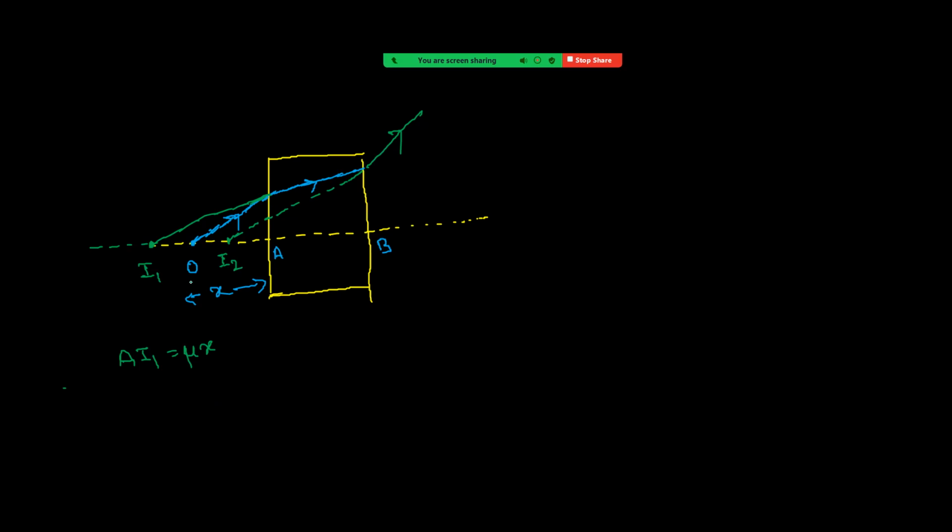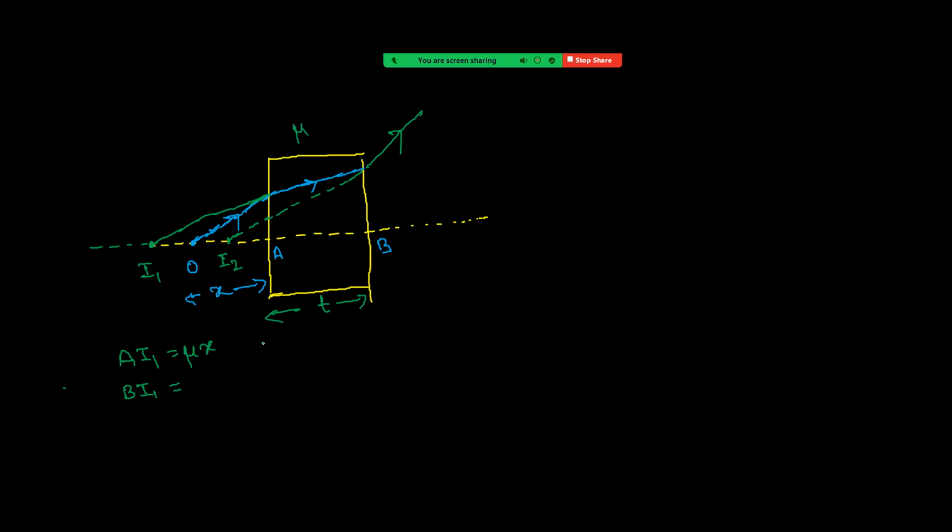So see what I'm doing here. First of all, we got AI1 is mu x. Since we are taking refraction from this surface, we should measure distances from the same face. So from B, the distance of I1, BI1, is equal to AI1 plus the thickness, which is T, and the refractive index is mu.